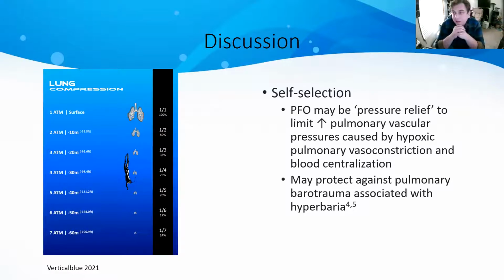And it could be that the PFO serves as basically a pressure relief valve, so that these divers who are able to achieve very long breath hold times or very deep dives are using the PFO to limit the increase in pulmonary pressure associated with that diving, which also may be a protection against pulmonary barotrauma associated with diving-induced hyperbaria.